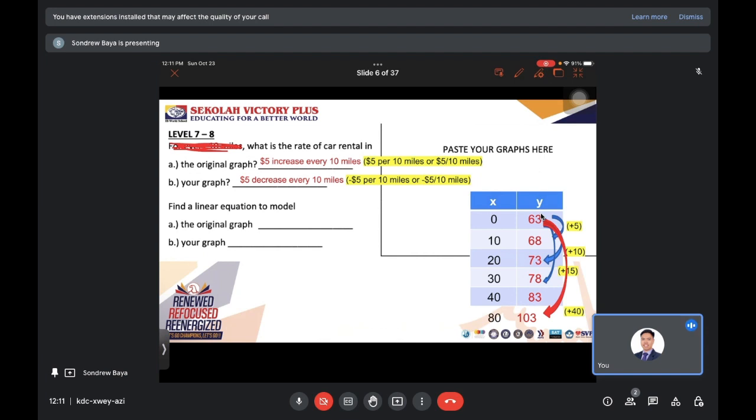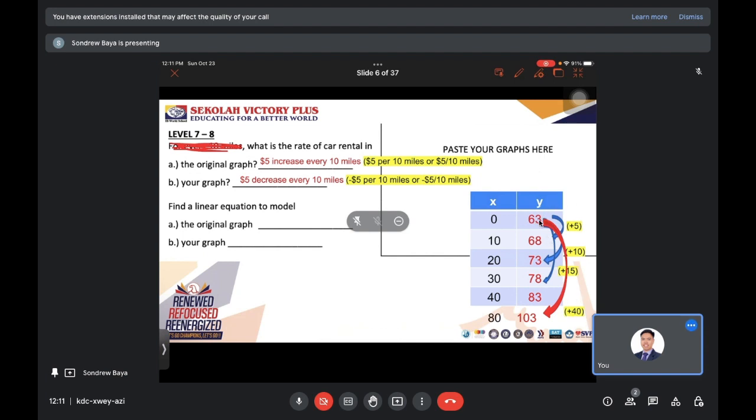In general, to find the total cost, we get half of the x, whatever the x value is, in this case 40, and that half will be added to the original value of y when x is 0, in this case 63.